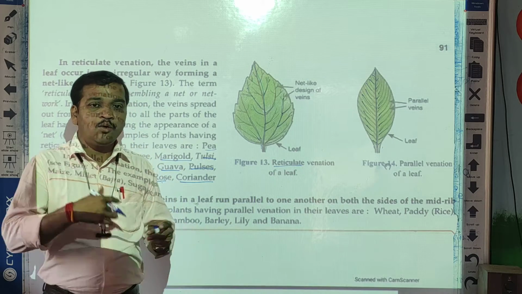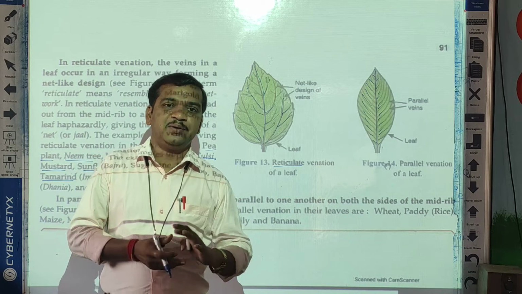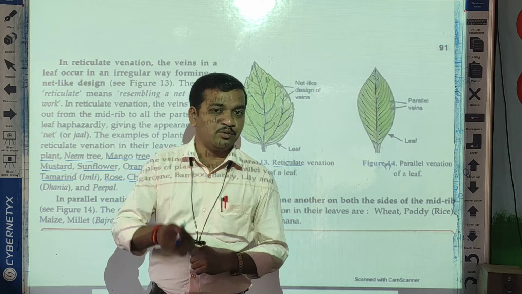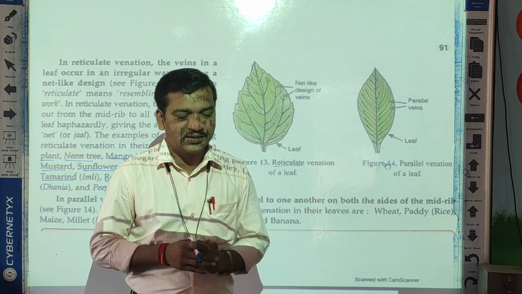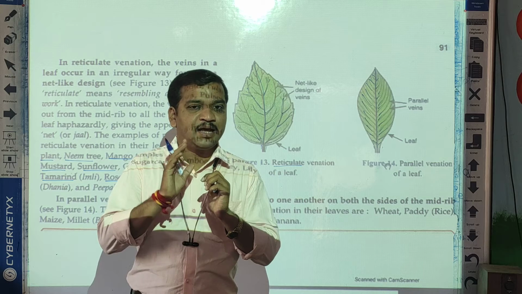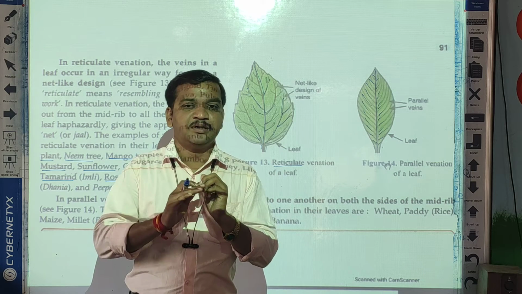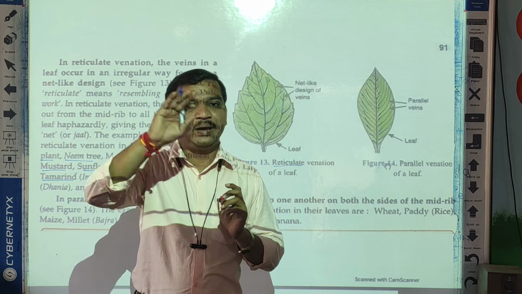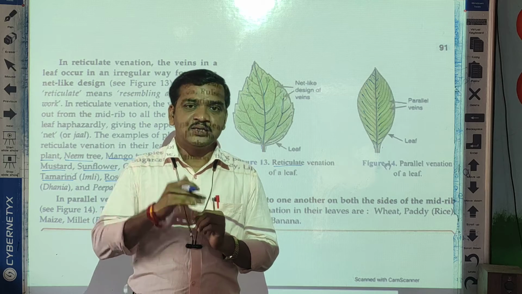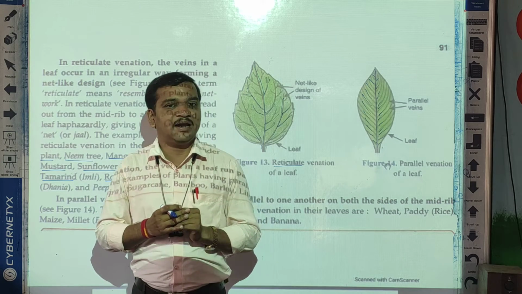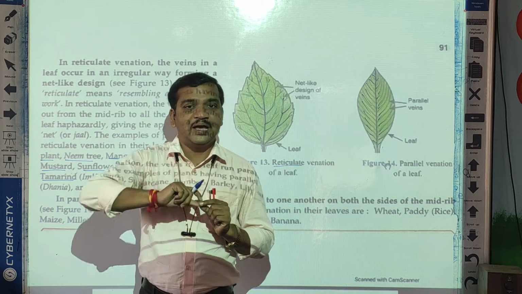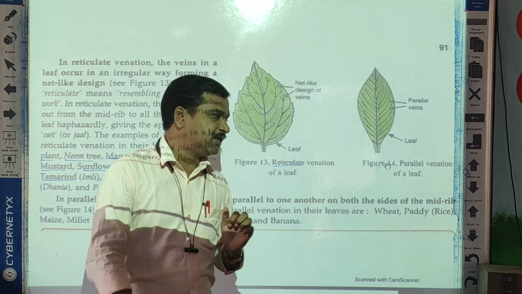Now parallel venation. Simply keep one thing in mind: most of the members of the grass family have parallel venation. Second, the leaves with parallel venation are especially narrow and ribbon-like.